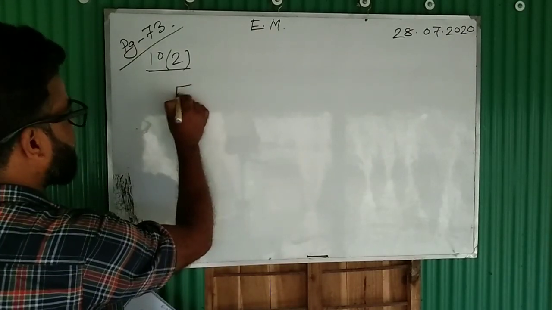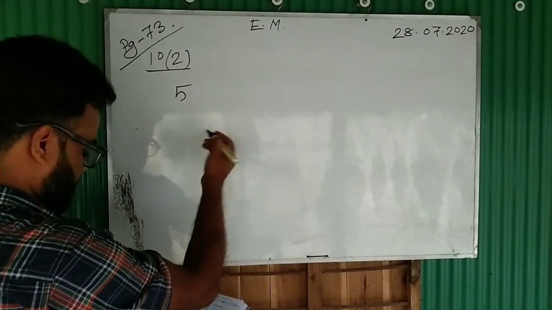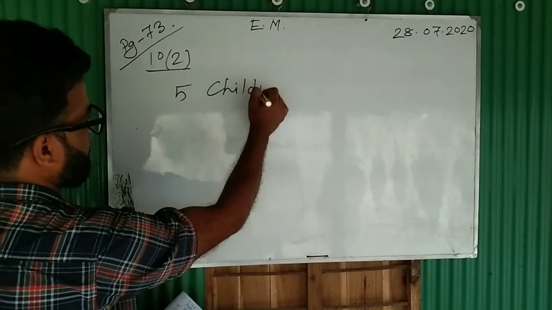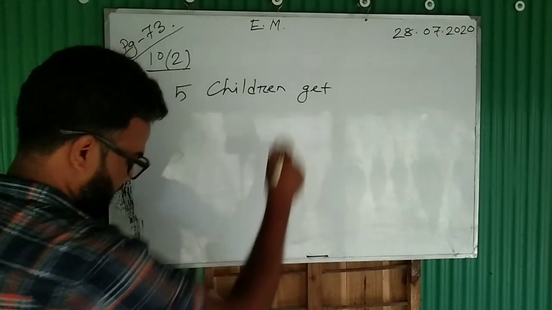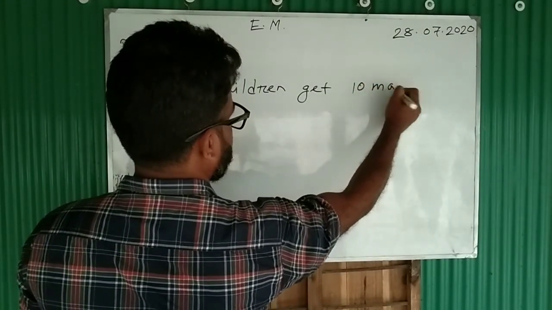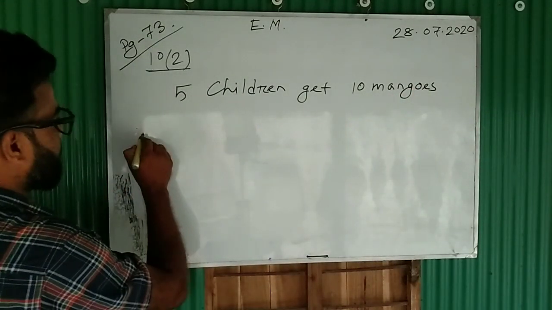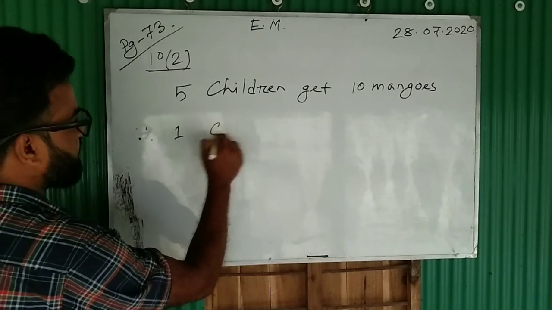Now write down: 5 children get 10 mangoes. Therefore, one child.